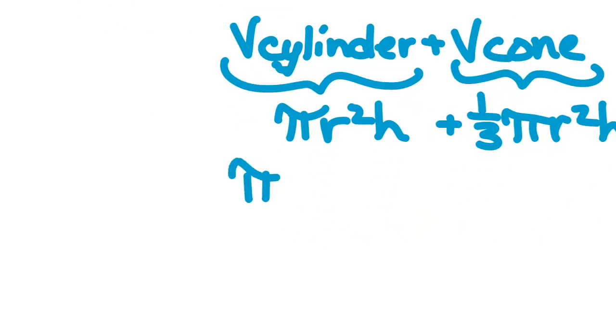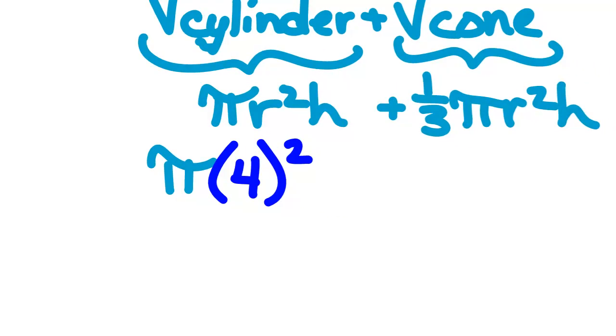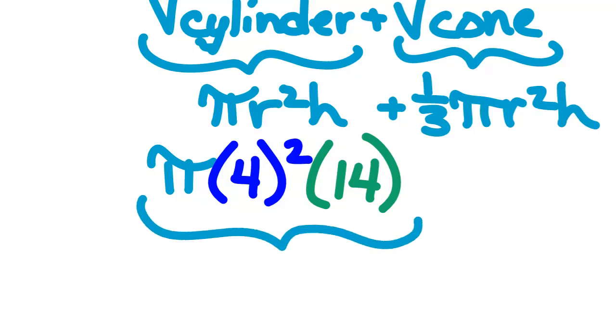The radius for these two is the same. It's 4, so pi times 4 squared. And what was the height of the cylinder again? For the cylinder? 14. Let's go ahead and find that volume first. Pi times 4 squared times 14.